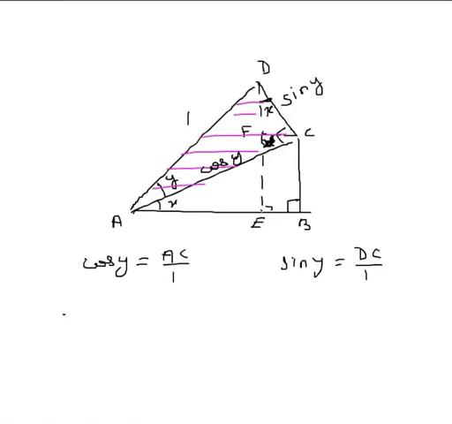And then I am going to find cos of x plus y in triangle AED. Cos of x plus y is, cos is adjacent side by the hypotenuse. Hypotenuse is 1 there in AED triangle. Now AE can be written as AB minus EB.